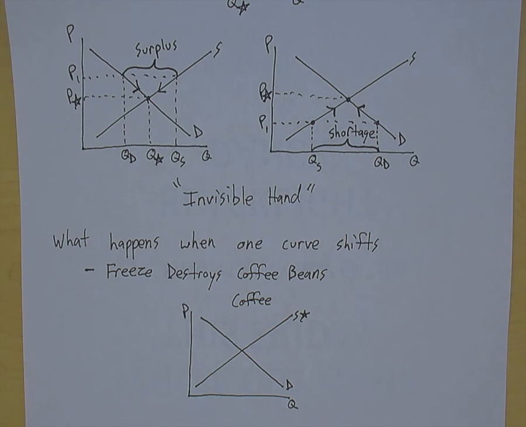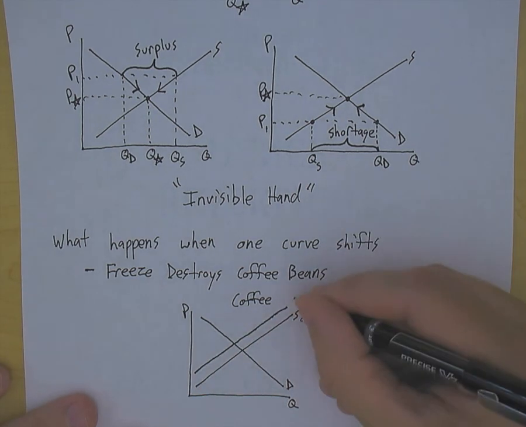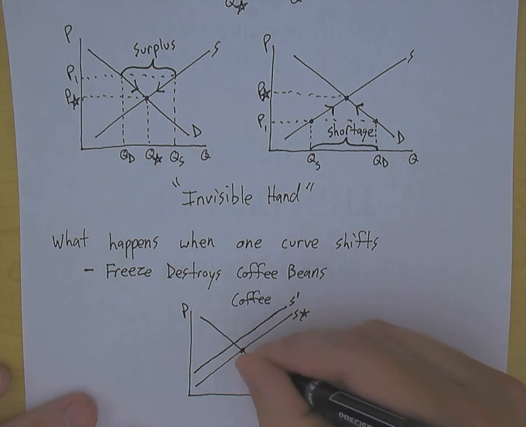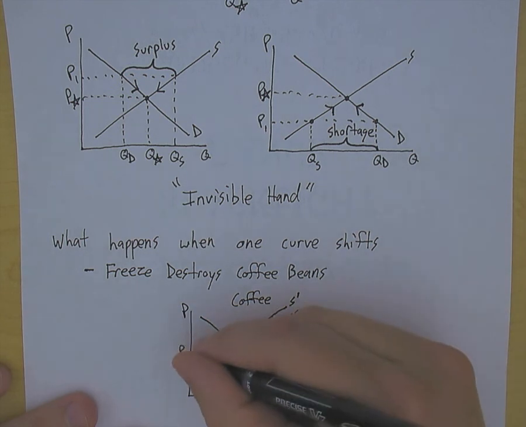I've got to figure out whether it's going to cause the supply curve to shift to the right, which is more, or to the left, which is less. Well, we have less coffee beans now, so I'm going to shift my supply curve to the left. Call this S1. My original price and quantity when I was in equilibrium was Q1, P1.